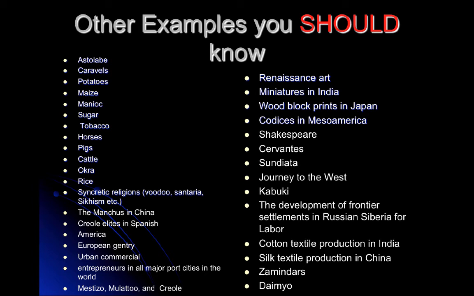Zamindars, that would be a term that I would guess most of you have not recalled. If you forgot, a Zamindar in the Indian subcontinent is an aristocrat, basically a landowner. In the Persian Empire as well, Zamindars are referred to as landowners.